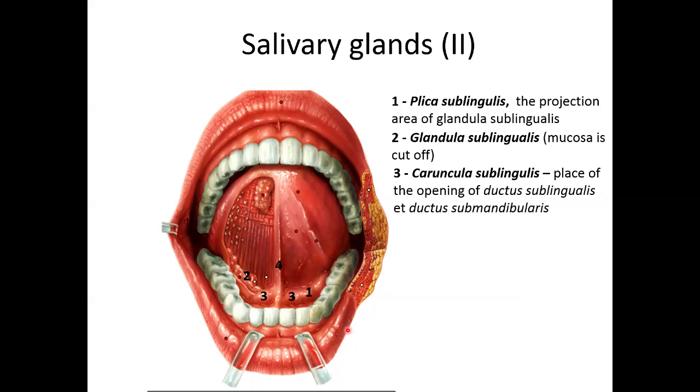And now number 4, what is it? We can say that number 4 is a special plica which is located medially in the sagittal plane and connects the apex of the tongue with the place of plica sublingualis.